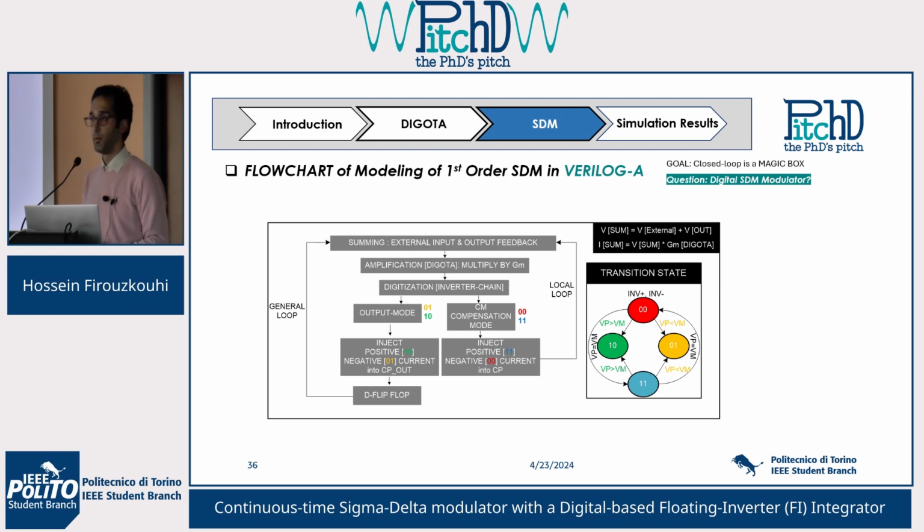We have two loops, a local loop and a general loop. The local loop corresponds to the common mode compensation mechanism, and the general loop is for closing the system.